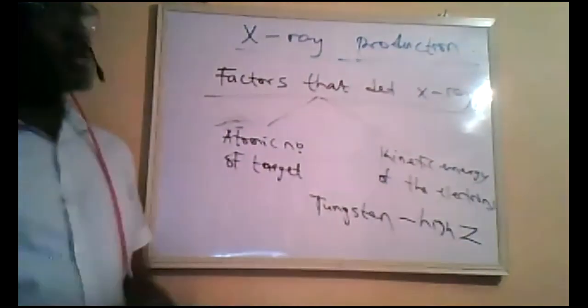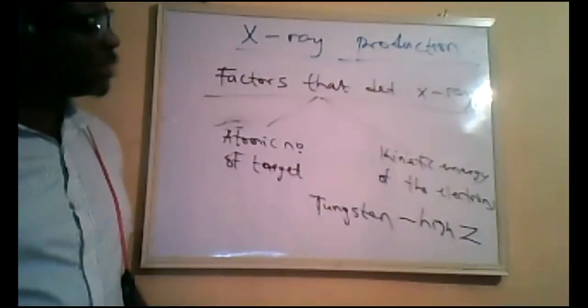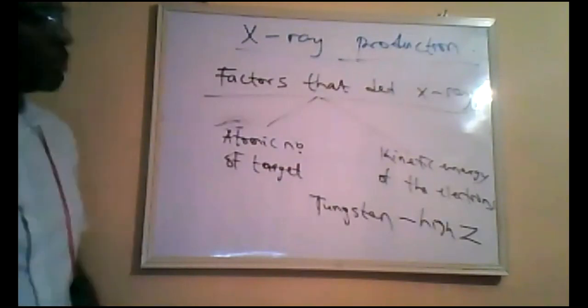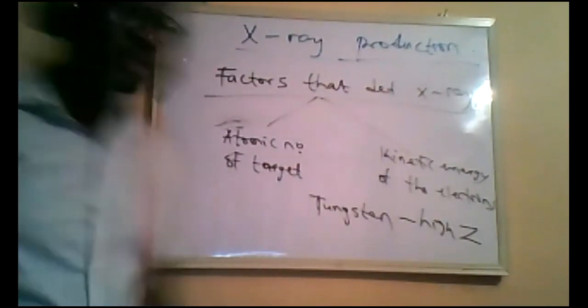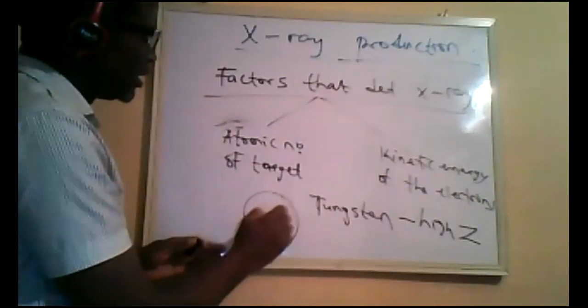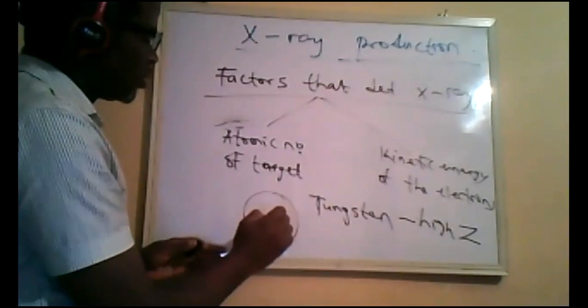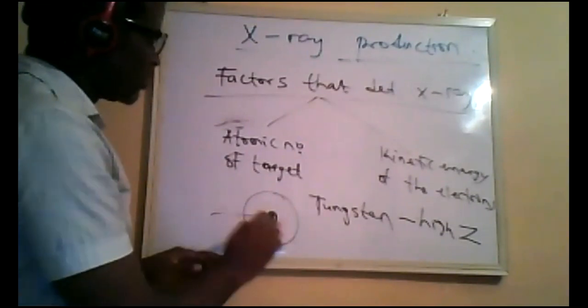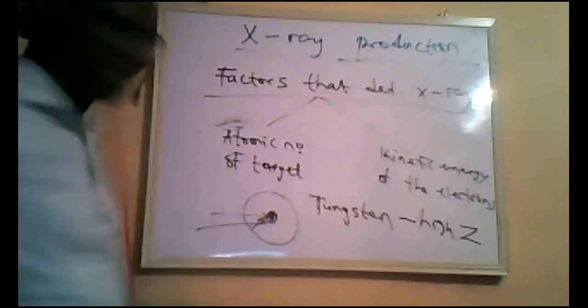The elements down there are the ones that will give us a good amount of X-ray production. Why? Because an element that has so many protons and neutrons, the probability of interaction of electrons with them will be high.